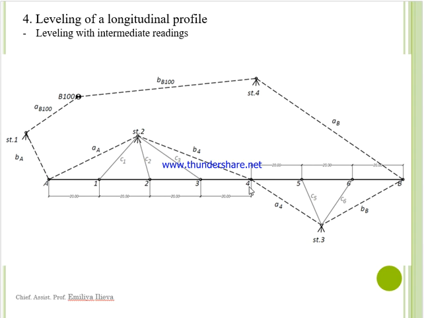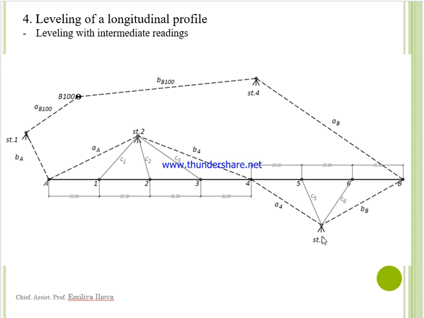So if this is the last point that we can see, so this last reading, it cannot be intermediate reading, it must be a foresight reading. Why? Because after that we are going to move the instrument. So the last point that we can see is point 4. This is a foresight reading to point 4, and then we move the instrument to go on.